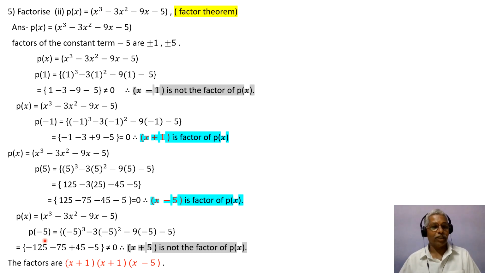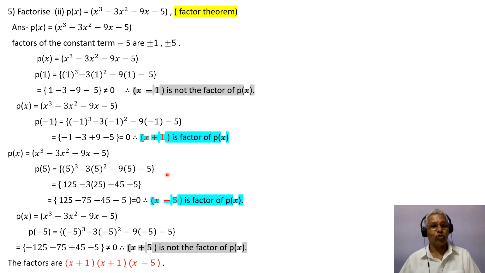So checking for minus 5, p minus 5, you're getting minus 5 cube minus 3 into minus 5 square minus 9 into minus 5 minus 5. If you solve this, you don't get 0. So x plus 5 is not a factor of px. That means there are only two factors we are getting, and there has to be three factors. So one is repeating.